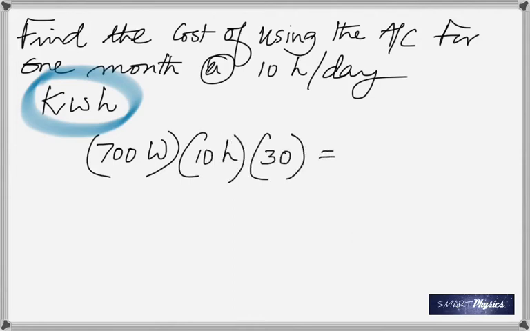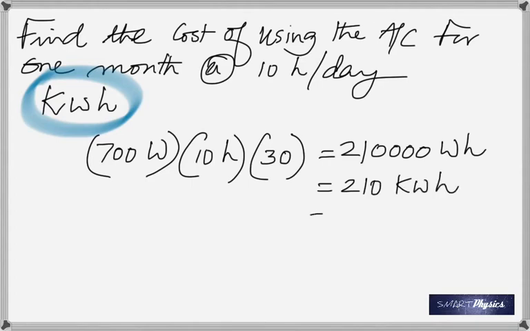Would the unit be watt hour for that, right? When I multiply that, okay, so 21,000. And how do you change that to kilowatts? Divide by? Take 3 zeros away. So that will be 210 kilowatt hour, which is 210 units, isn't it?